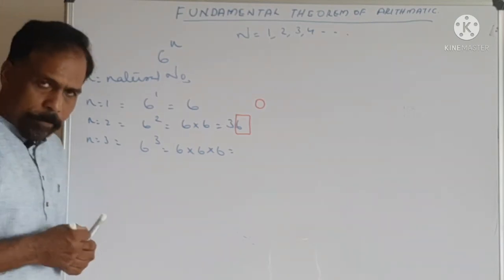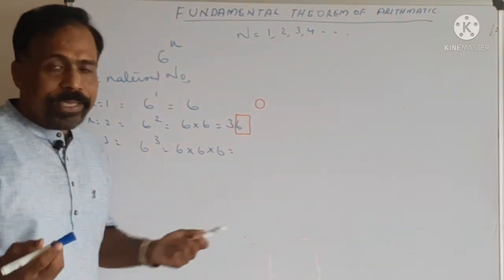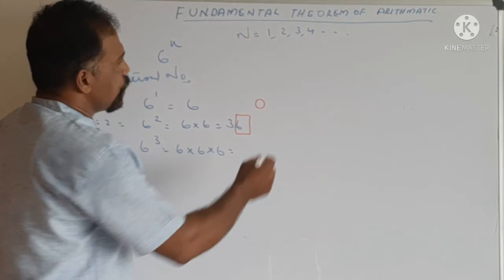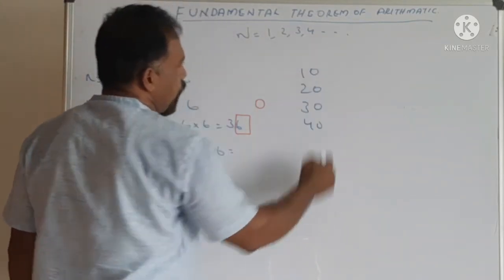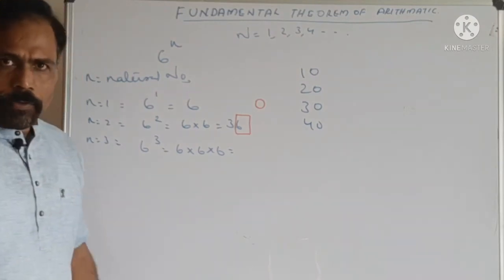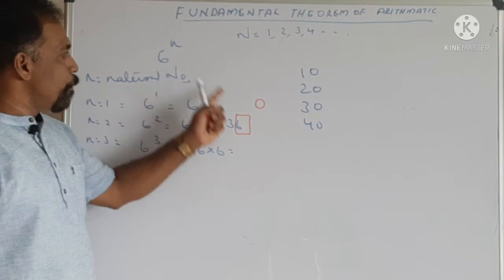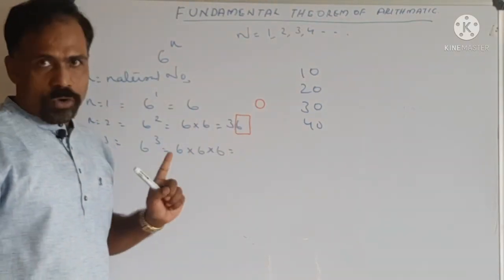So, if any number ends with 0, then it is divisible by 5. Now, we have to check whether the last digit of 6 to the power n is 0 or not.